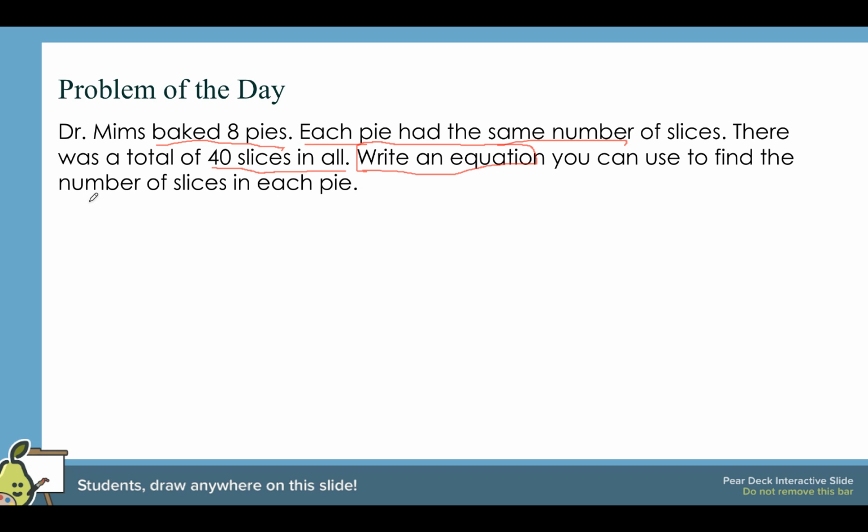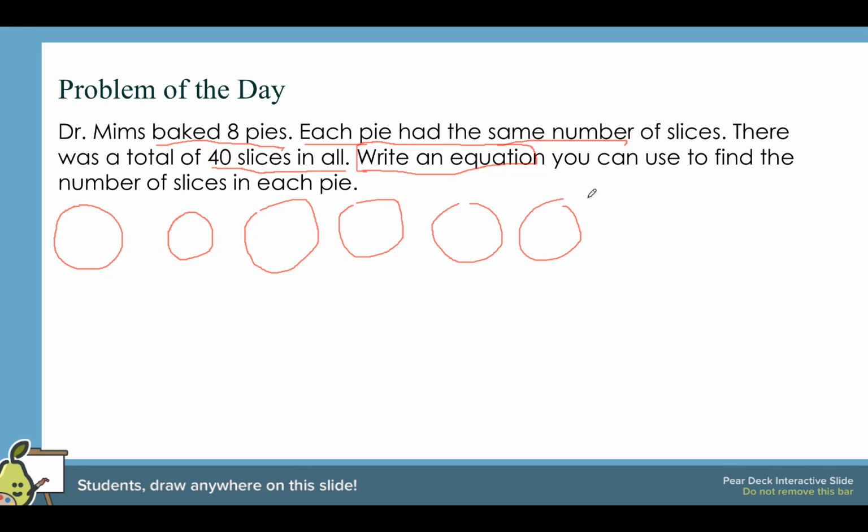You can draw 8 circles, 8 squares, whatever it is that you want to draw. So I am going to draw 8 circles. So I want round pies. So that's the first pie, the second pie, the third pie, fourth pie, fifth pie, sixth pie, here's the seventh pie, and then the 8th pie. All right, so those are my pies.